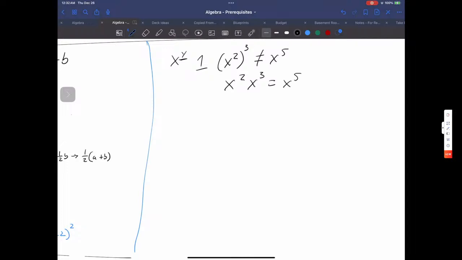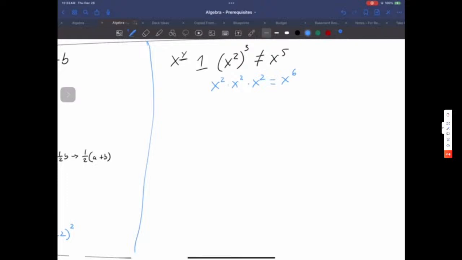If you want to think about it, we have x squared cubed, which means we have x squared times x squared times x squared. And because now we're having the same thing multiplied by itself, we can add. So this would be 2 plus 2 plus 2, which would be 6.